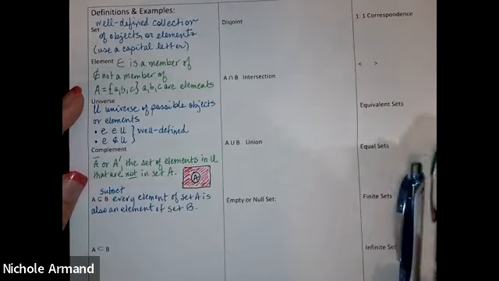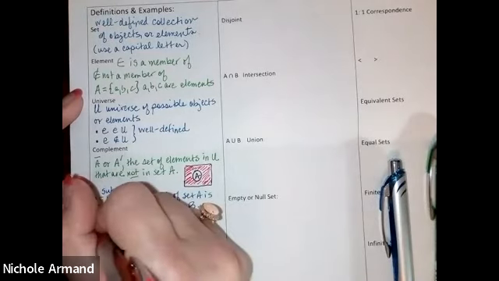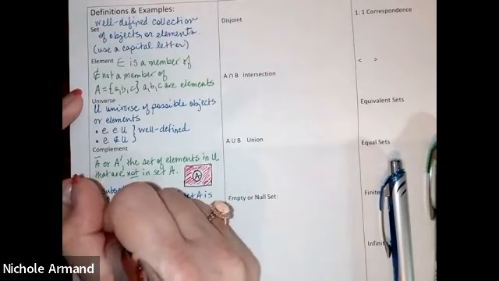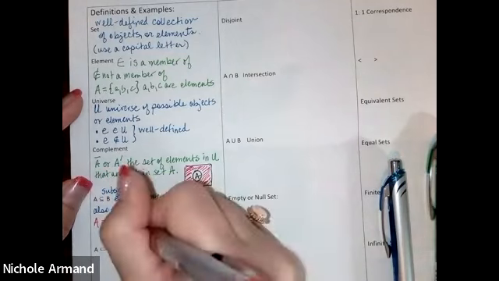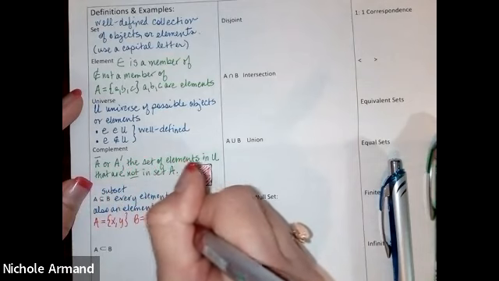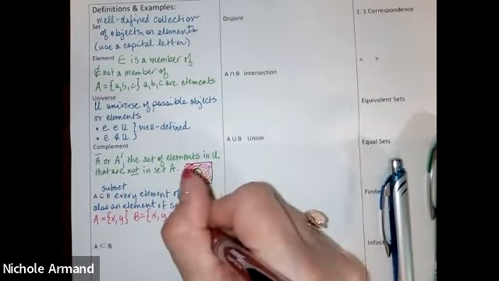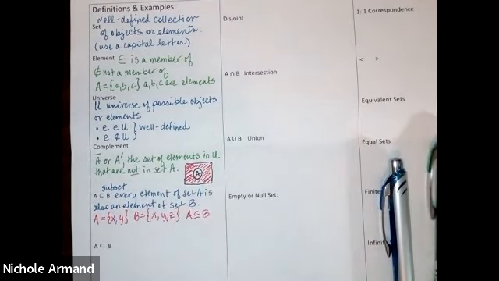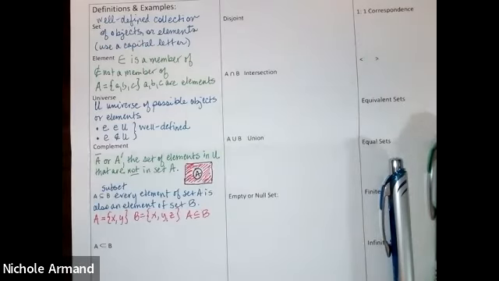So for an example, if we said something like set A is X and Y, and set B is X, Y, and Z, then A is a subset of B. So we'll come back to subset in just a minute.